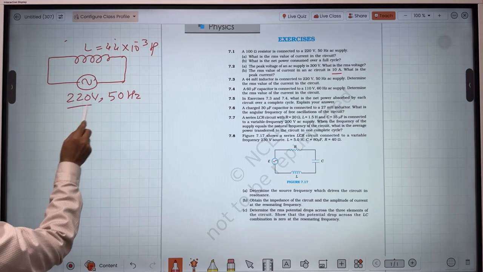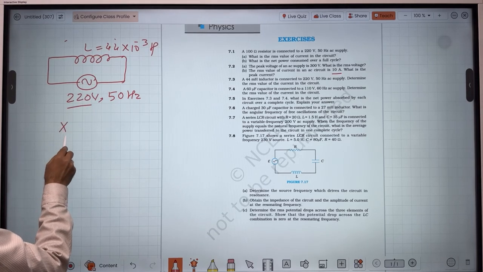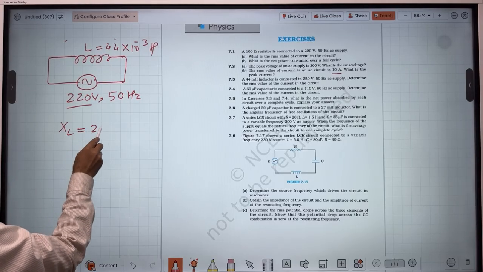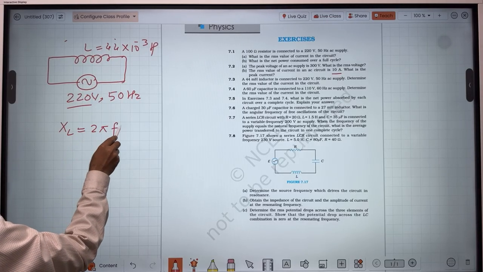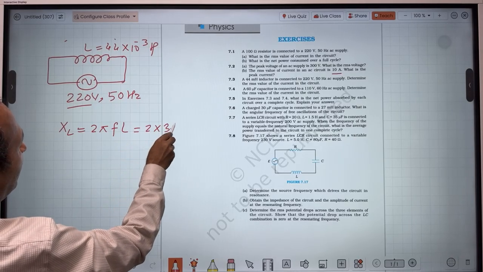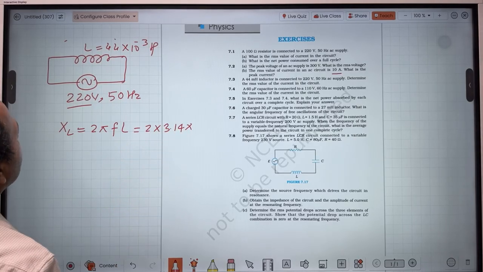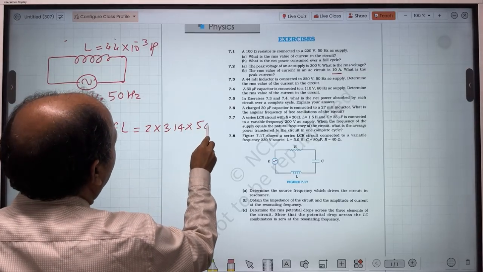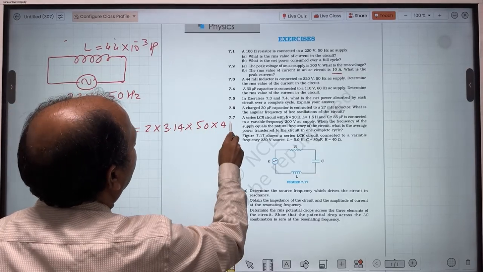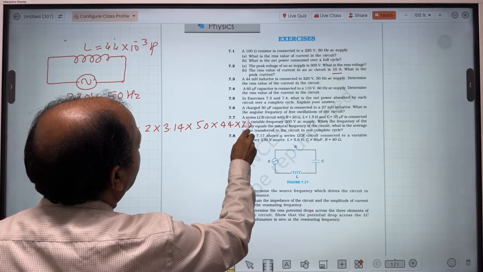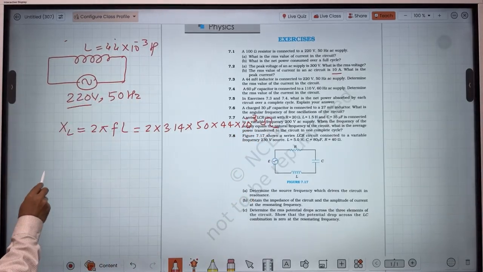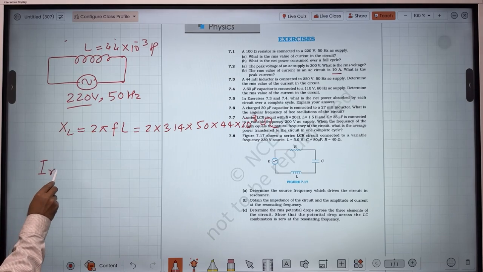This is RMS voltage. So first of all, we have to find out inductive reactance. So XL is given by 2 pi FL, 2 into 3.14 into frequency 50 into L, which is 44 into 10 to the power minus 3 ohm, right? And we need IRMS.